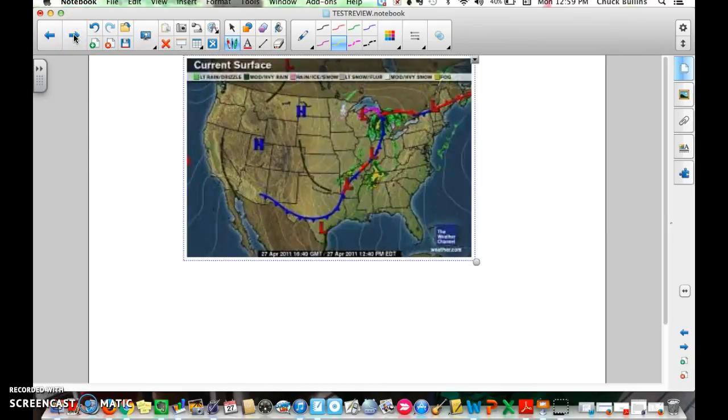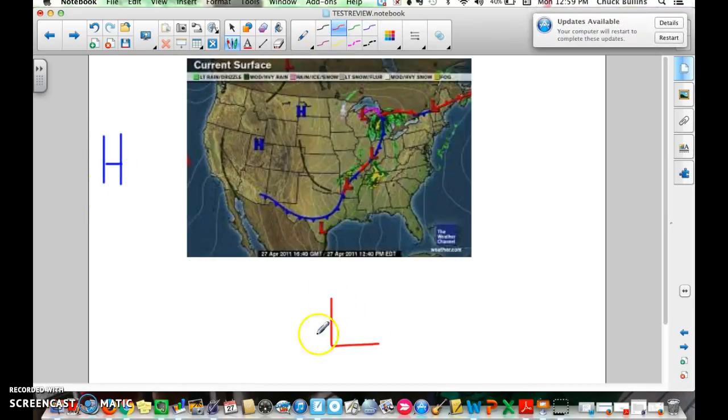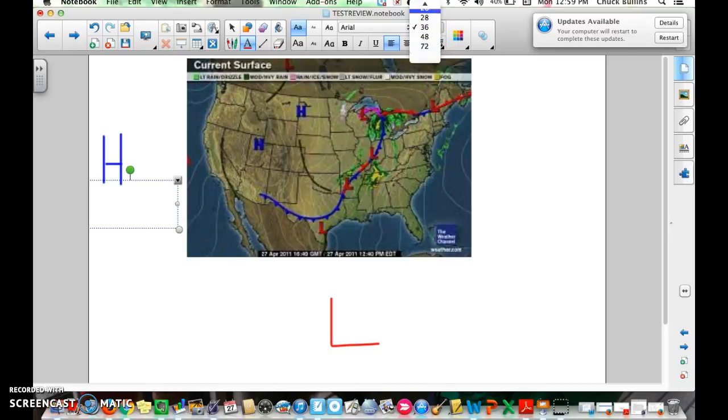Now let's think a little bit about what we talked about with high pressure and with low pressure. There's an easy way that I remember this, high and low. Now, the common mistake is to call this hot. That is not necessarily true. High pressure brings happy weather.